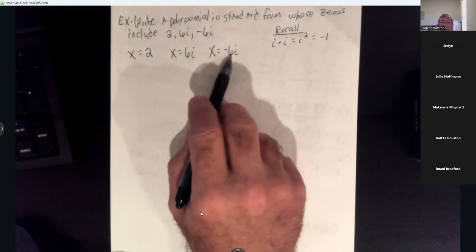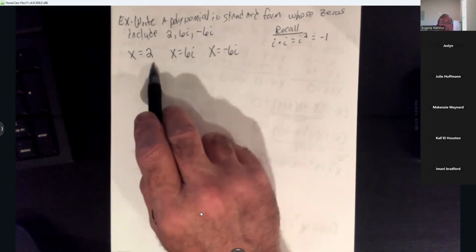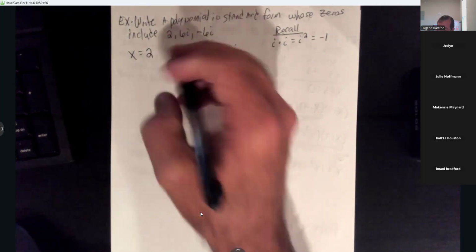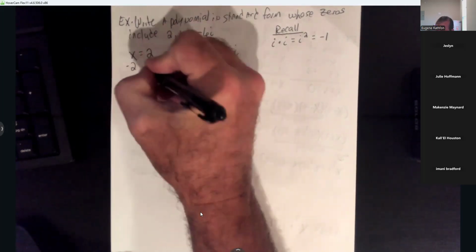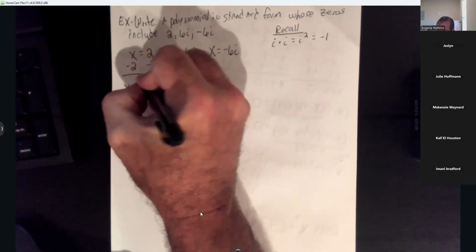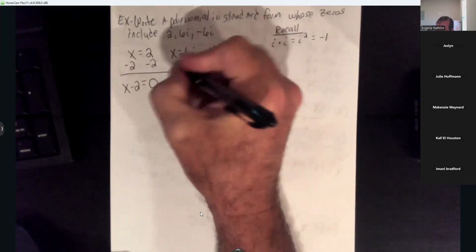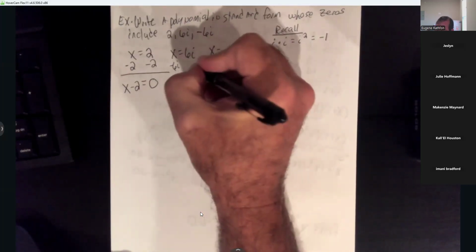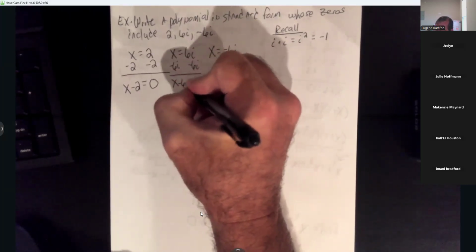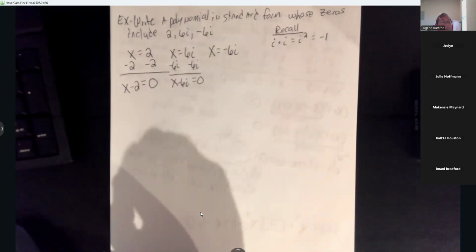All right, so we started out with our solutions. Now we're going to get a 0 on the right side by moving these numbers over. So the first one, you're going to subtract 2 from each side, and that's going to give you x minus 2 equals 0. This one, I'll subtract 6i from both sides. x minus 6i equals 0.